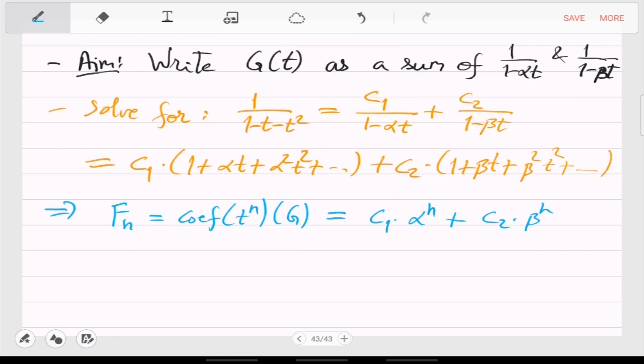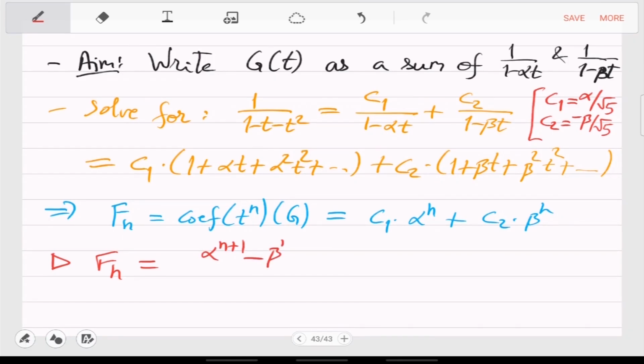Okay. Yeah, you can solve this, and this is what you will get. So C1 turns out to be alpha by root 5 and C2 is minus beta by root 5. You can check that, and now if I substitute this here, you will get a nice little expression which nobody could have guessed, which is Fn equals (alpha to the n plus 1 minus beta to the n plus 1) by root 5.